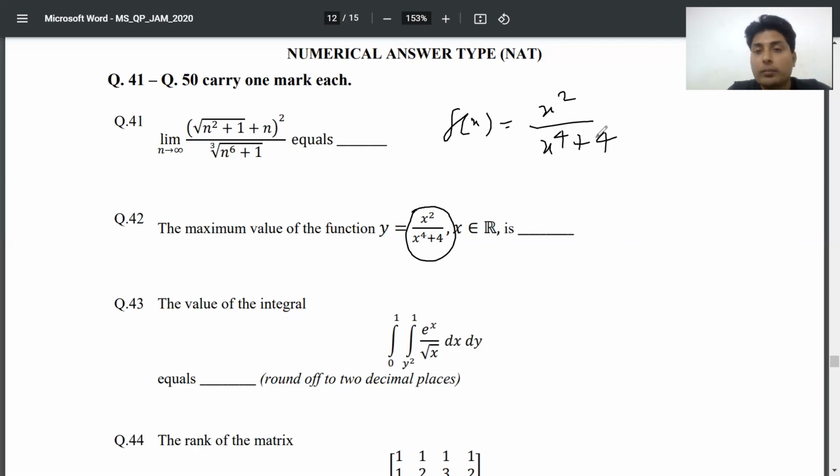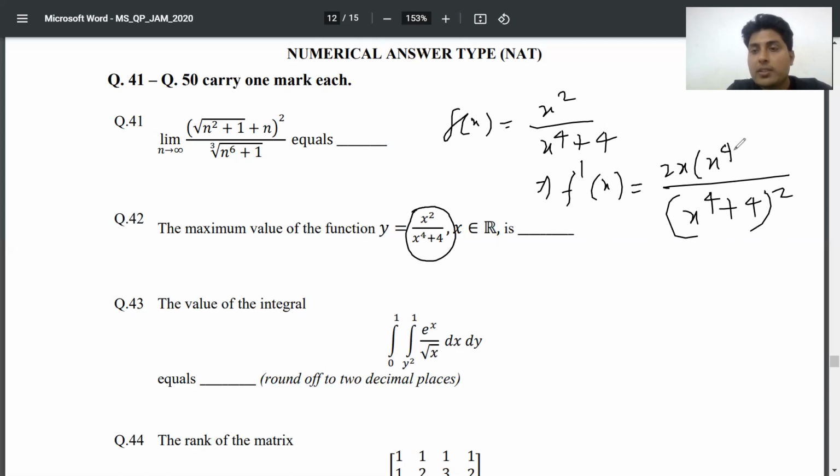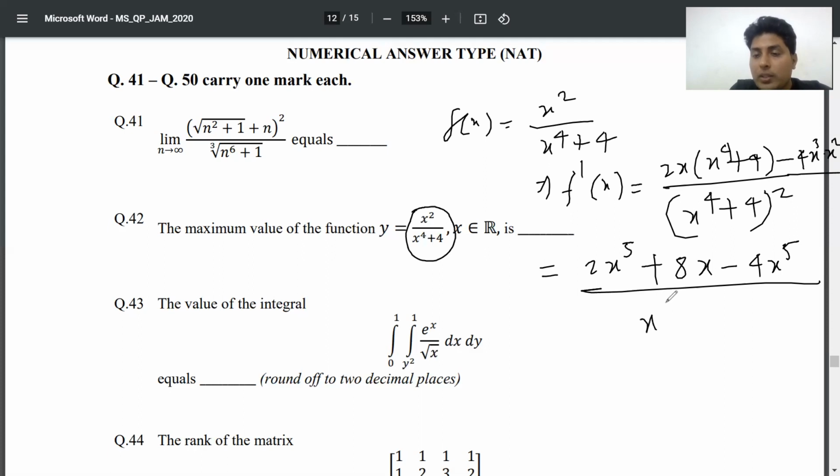So for that, let's find f dash x. For f dash x, apply the quotient rule. So denominator as it is, derivative of numerator is 2x, and denominator as it is, minus derivative of denominator, which is 4x cube, numerator as it is, x square. After simplification, it's 2x raised to the power 5 plus 8x minus 4x raised to the power 5, upon (x raised to the power 4 plus 4) whole square.